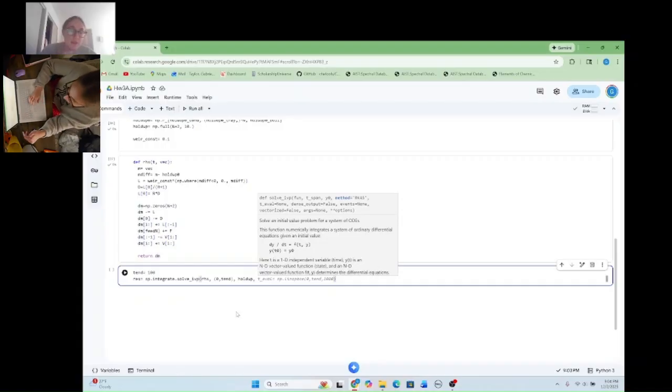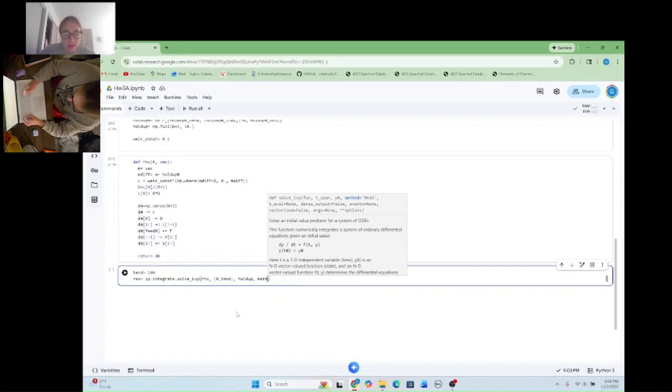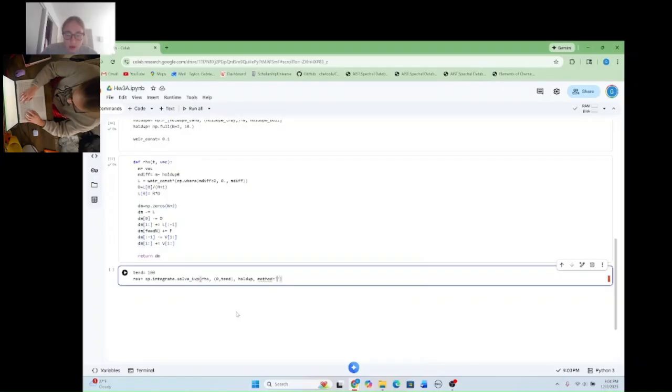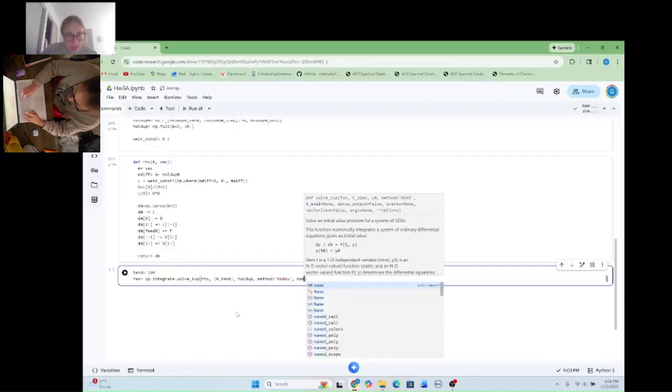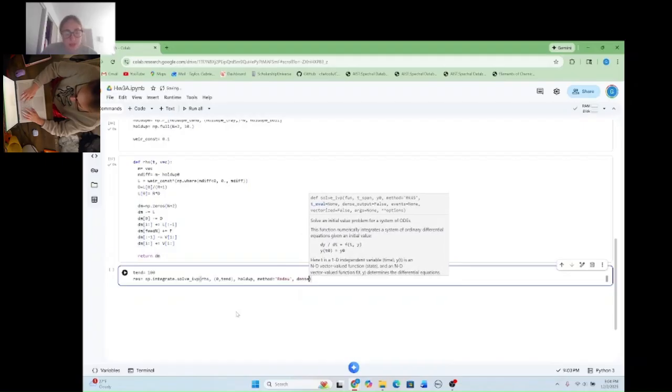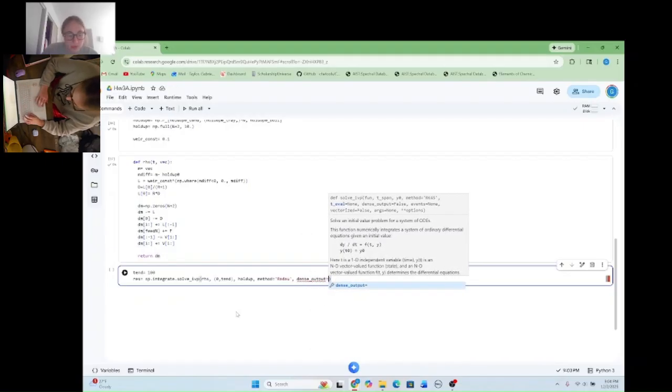And then our holdup will be our initialized, because that's what we have initially. And then we have our method is equal to RK45, and our dense output is going to be equal to True.